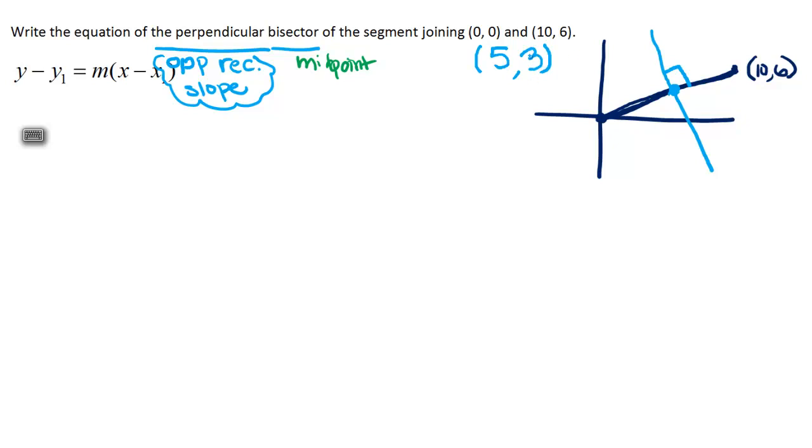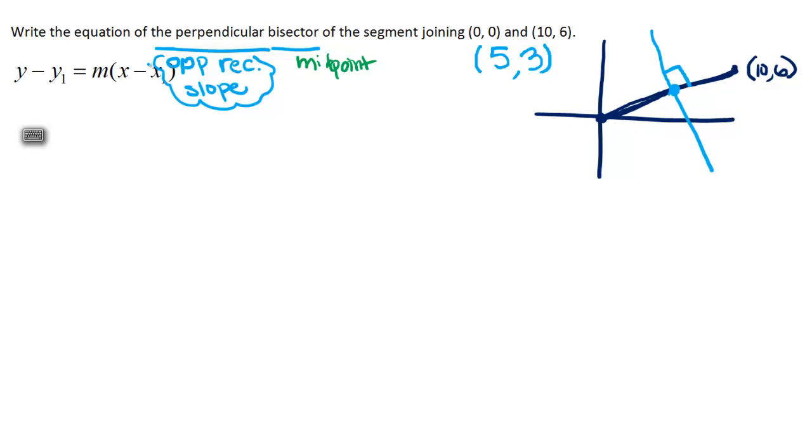So there's my point, and it's almost like I can delete these from my problem now because I got all the useful information from those points. Now the next part is finding the opposite reciprocal slope of this segment. First, in order to find the opposite reciprocal slope, I'll need to find the actual slope.